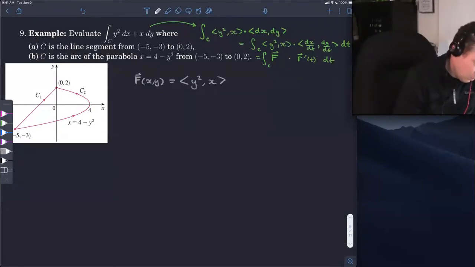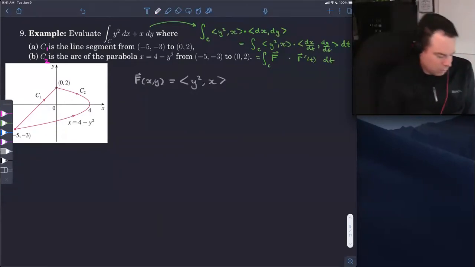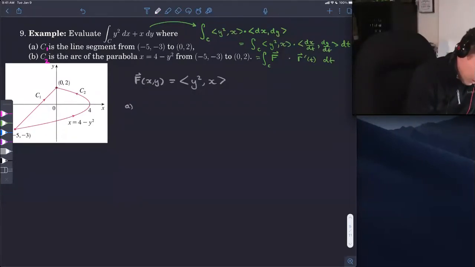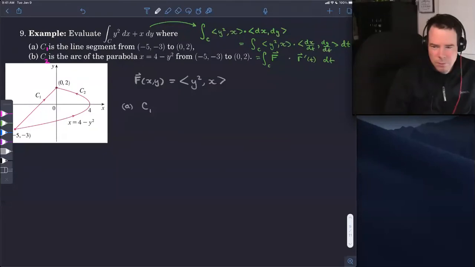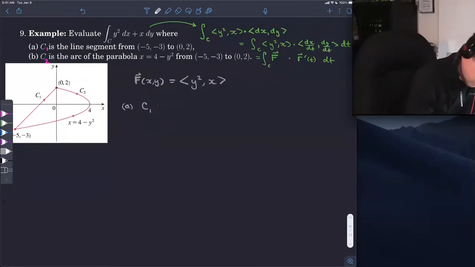What is the curve? Well, we're given two parts. We want to integrate over a line segment, but we also want to integrate over an arch of a parabola. So in part A, I'll put a little subscript of 1, and part B, a subscript of 2 on those names for the curves, because those are the ones we're interested in. So part A, we are interested in integrating over this curve C1 that goes from -5, -3 to 0, 2. So I'm going to have to come up with a parameterization of that.